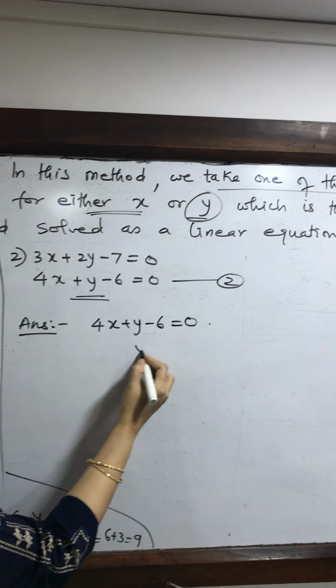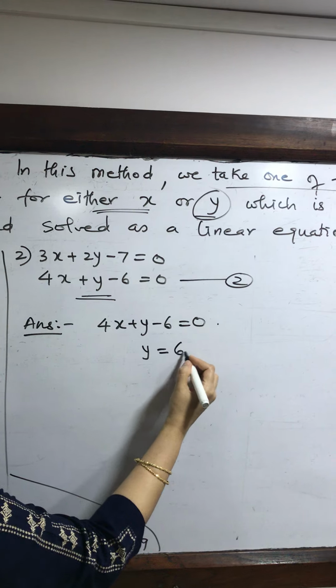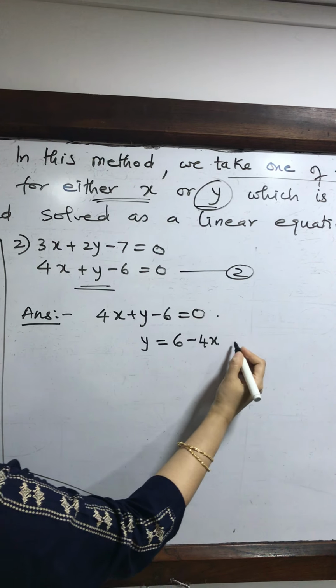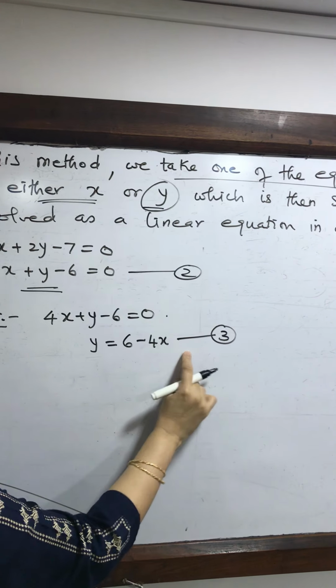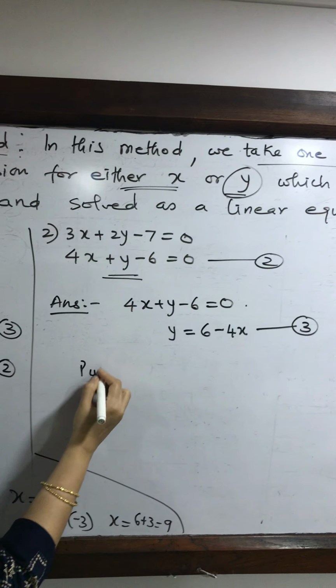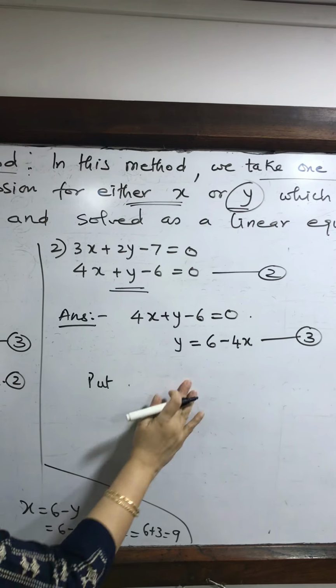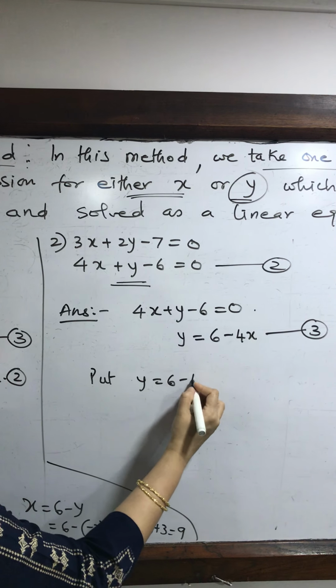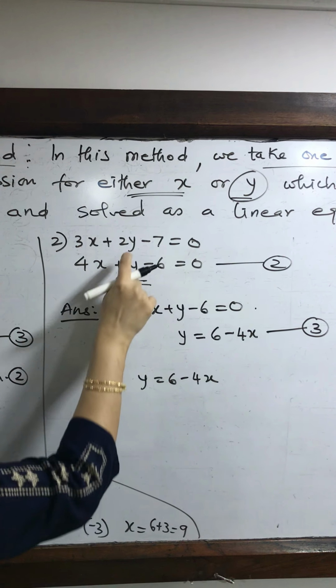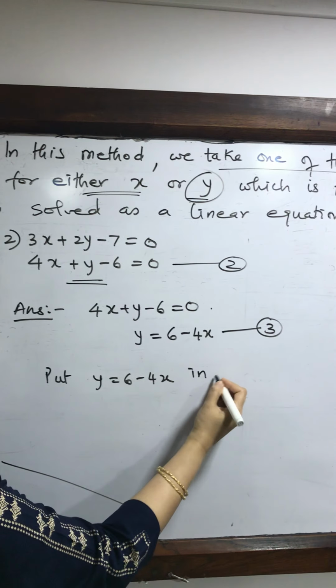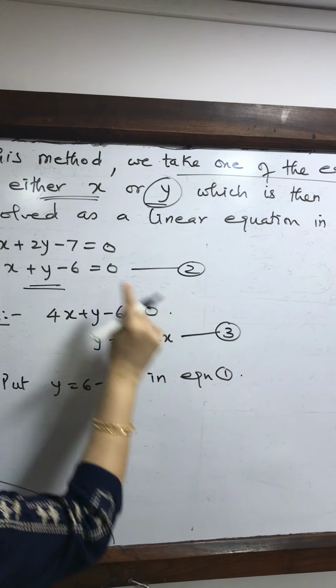So this will be written as y is equal to 6 minus 4x. This will be taken as equation 3, which we will substitute in the other equation. The other equation will be equation 1, which we have not taken.